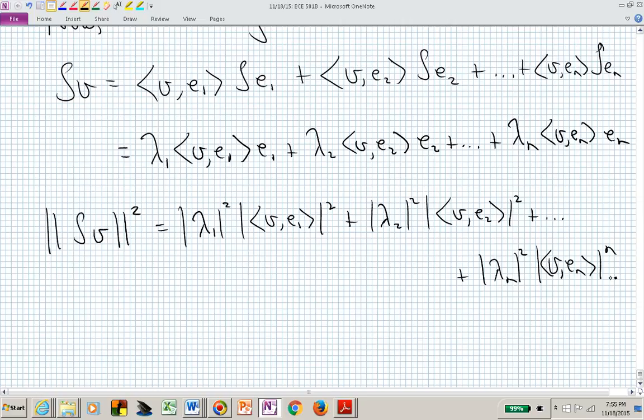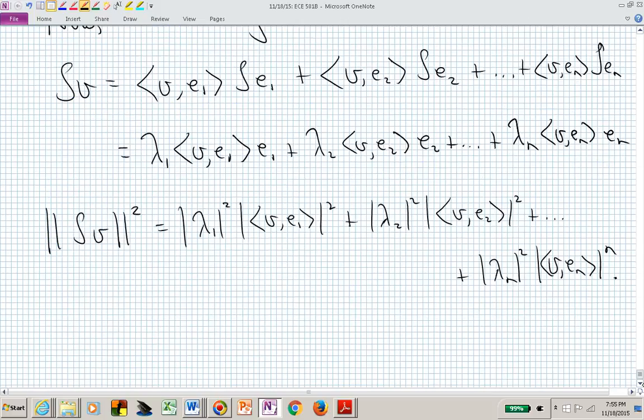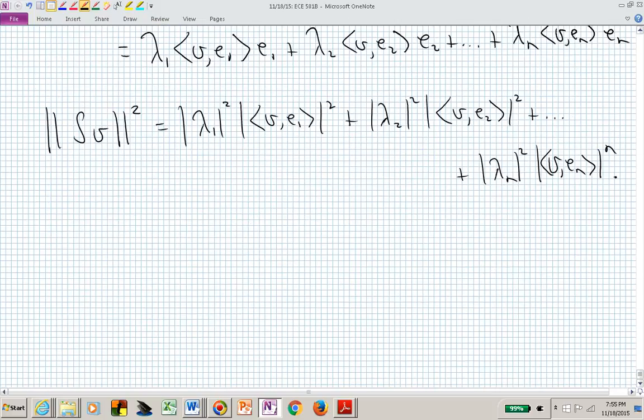And if we now see that this right-hand side needs to equal this right-hand side, that now forces some condition on these absolute values of these eigenvalues.